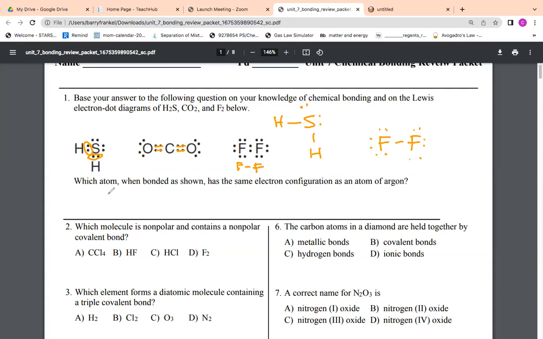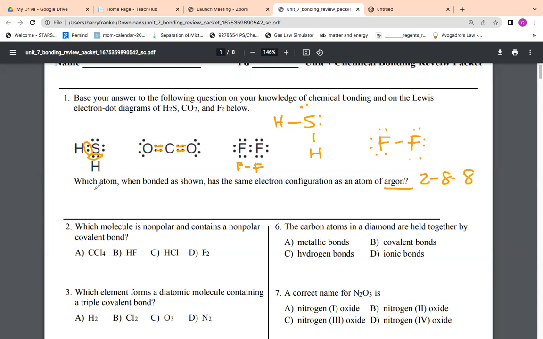But anyway, this question is asking which atom, when bonded as shown, has the same electron configuration as an atom of argon. Now, argon's configuration is 2-8-8. One of the tricks you can do is look at the periodic table and find the element that is the closest physically or by atomic number to argon, and that would be sulfur.